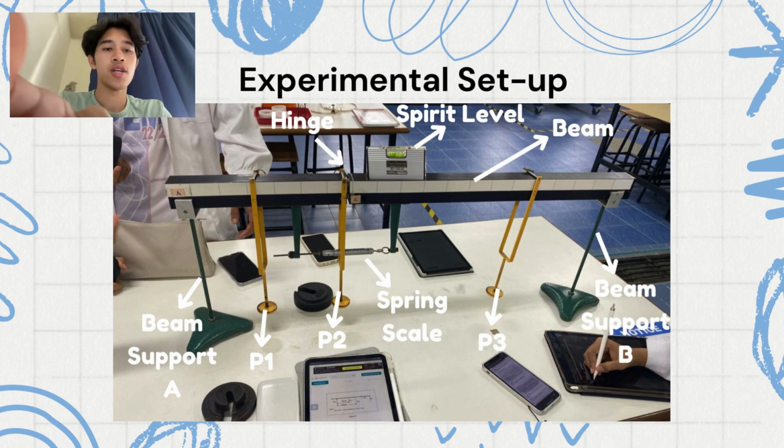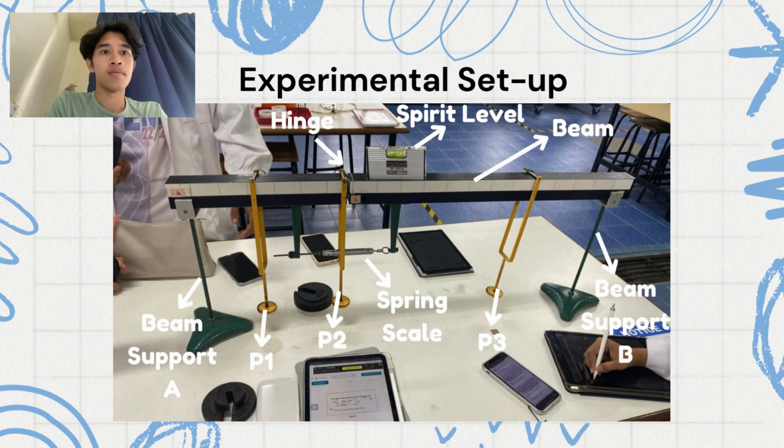Next we have the hinge. That is where the bend occurs, and the bending on that hinge will affect the spring scale value and also the bending moment value. Then we have the spirit level.